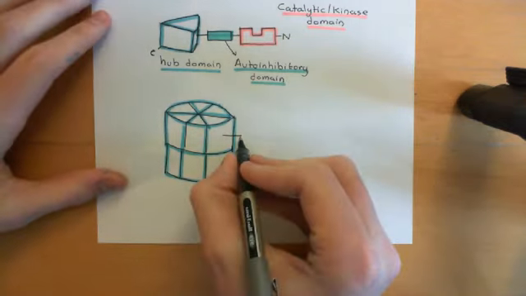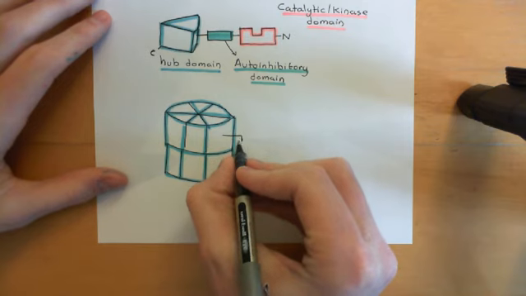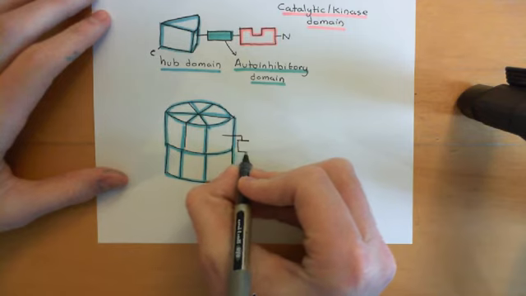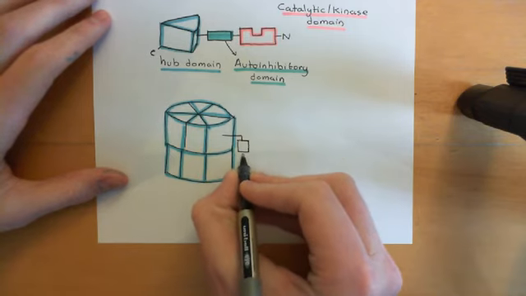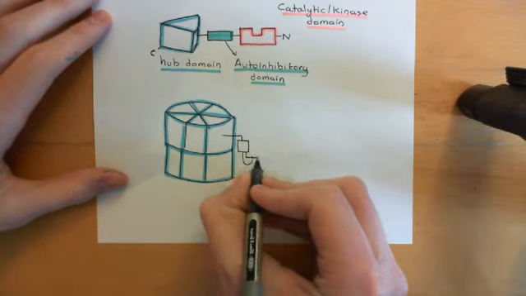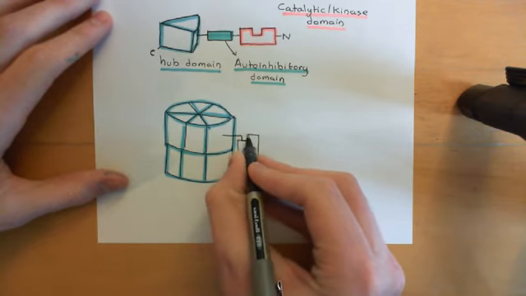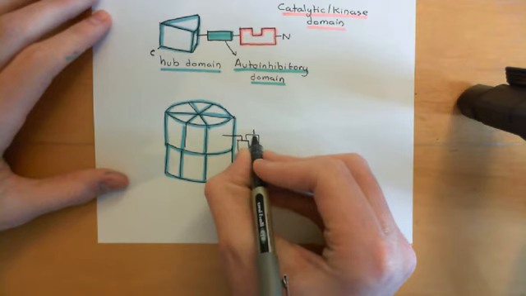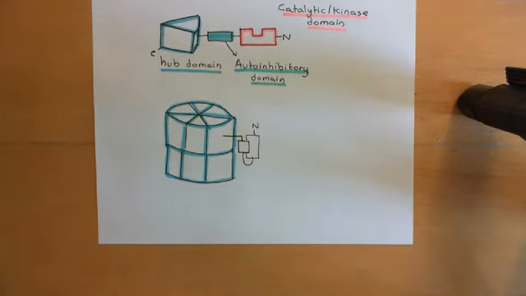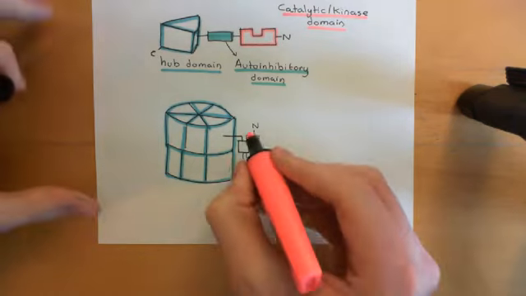So let me show you this. I'm going to firstly show you one way in which an inhibited CamKII 2 monomer can exist. So here, this is the autoinhibitory domain, and then we'll have the catalytic domain attached to the inhibitory domain here, like so, with that inhibitory domain basically sat in the active site of the catalytic domain.